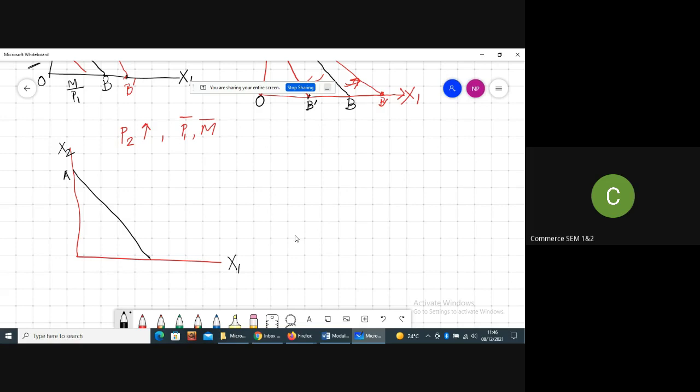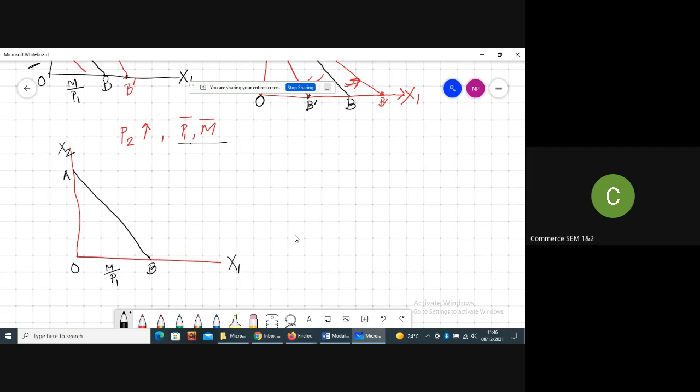You are drawing it on your script. Yes, sir. So this OB distance, M by P1, will remain unchanged. There is no change in M or P1. These things are not changing. So this OB distance will remain the same.